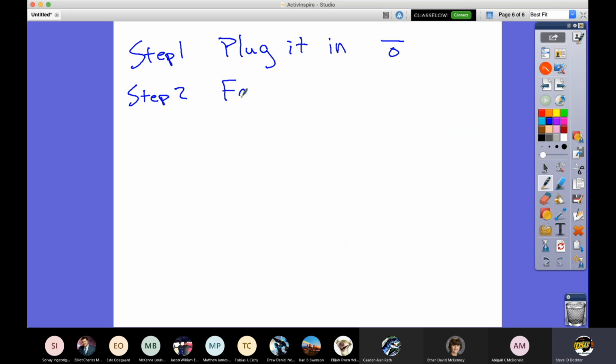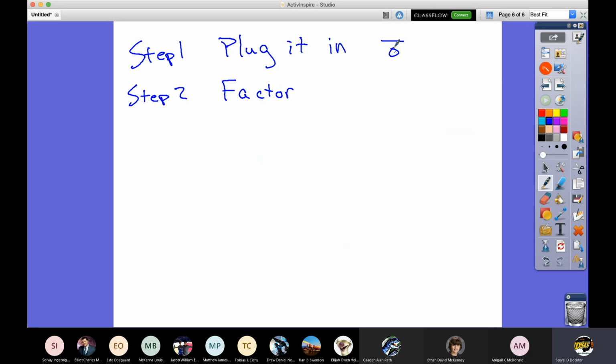See if you can factor things out. So factor it, go from there. And then if it factors out and you're able to evaluate, then we go back to step 1 and see if you can plug it in and get an answer.